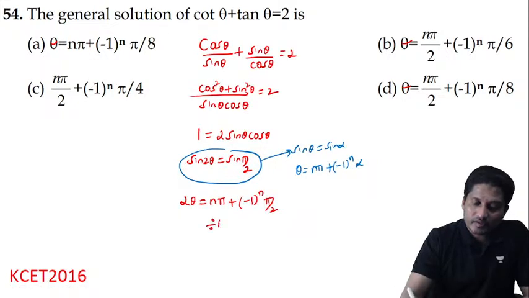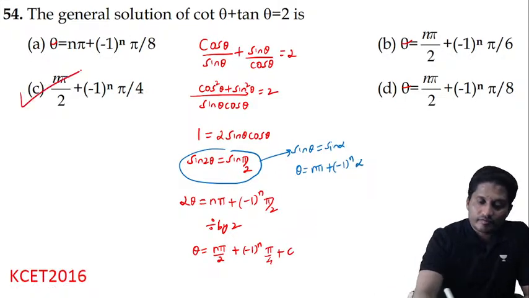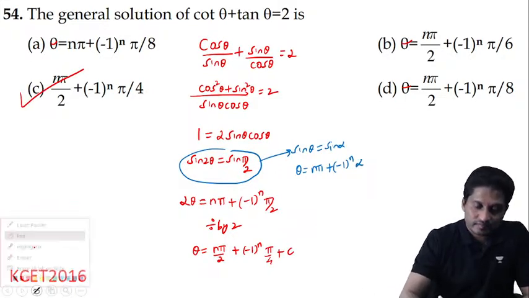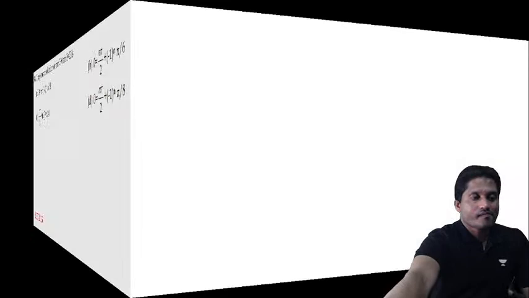If we divide throughout by 2, theta is equal to n pi by 2 plus minus 1 power n times alpha, alpha is pi by 4. So n pi by 2 plus minus 1 power n times pi by 4. The answer will be option C. Let's move to the next question.